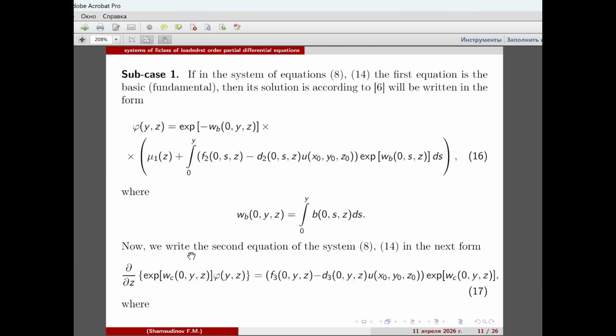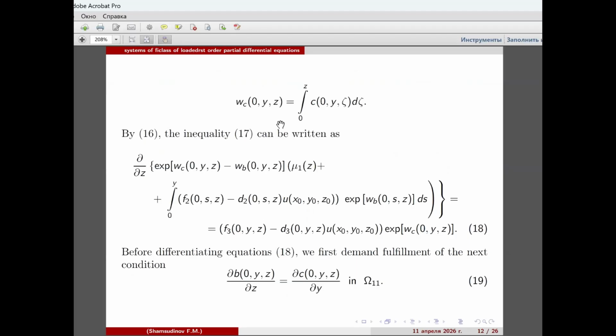Now we write the second equation of the system 8, 14 in the next form 17. By 16, the equality 17 can be written as 18.